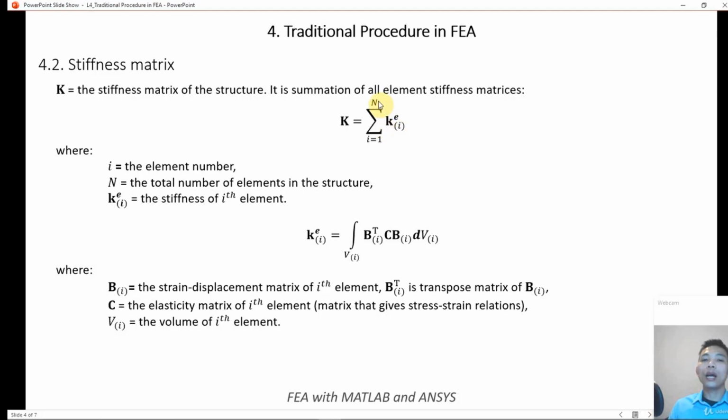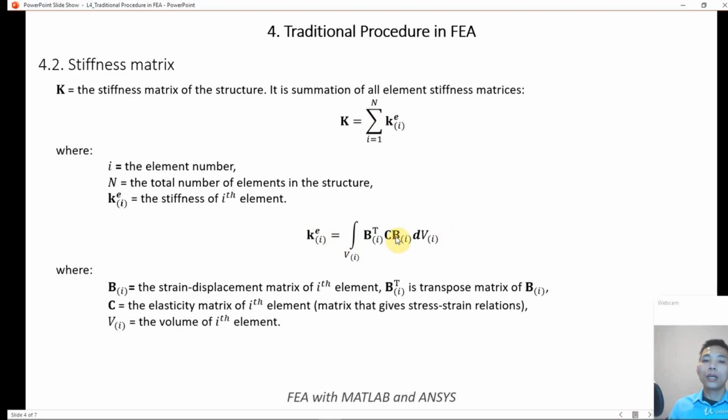Let's assume that n is the number of elements in the structure. The stiffness matrix of the whole structure is the summation of the element stiffness matrices, and the element stiffness matrix is calculated by using this formula.